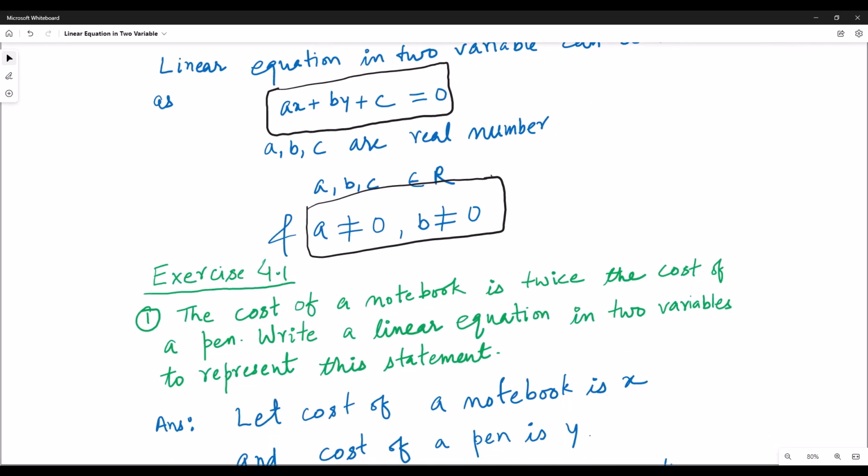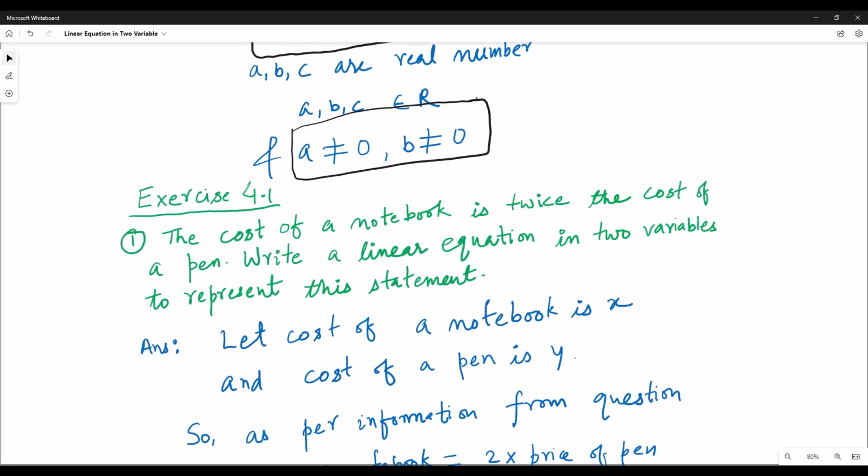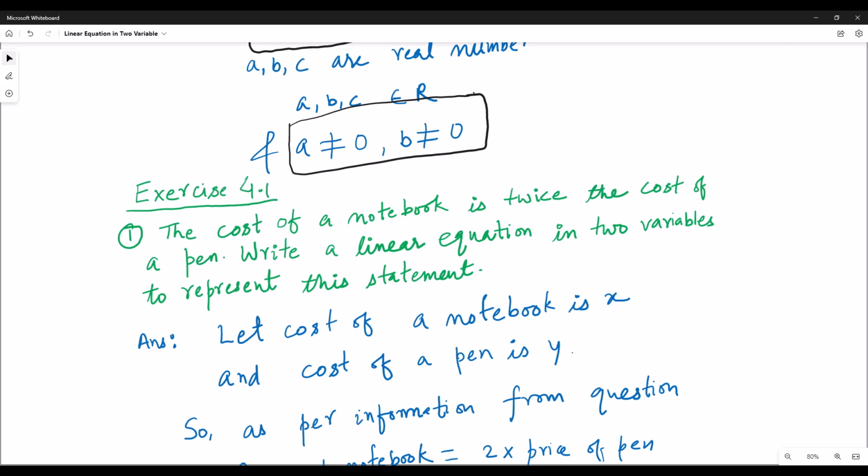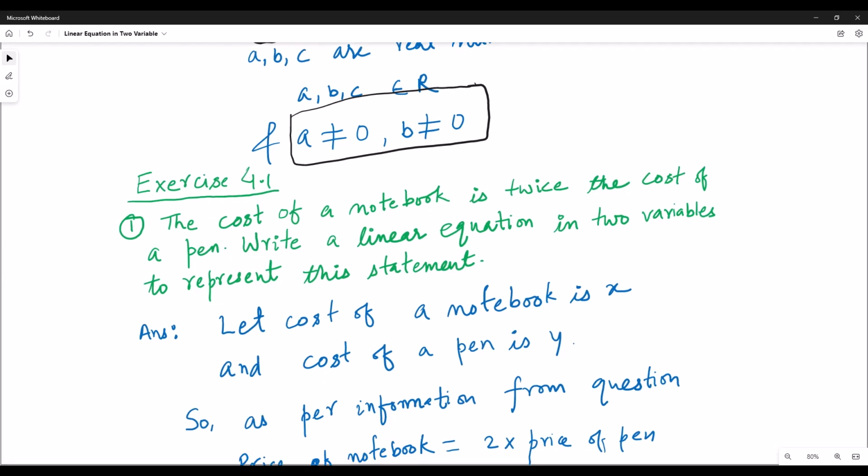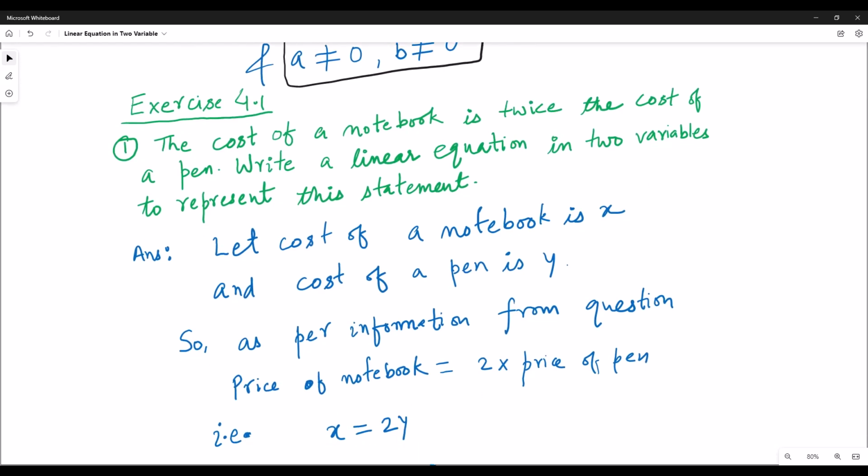Exercise 4.1. The cost of a notebook is twice the cost of a pen. Write the linear equation in two variables to represent this statement. Let the cost of a notebook be x and the cost of a pen be y. So the problem is telling the cost of a notebook is twice the cost of a pen.